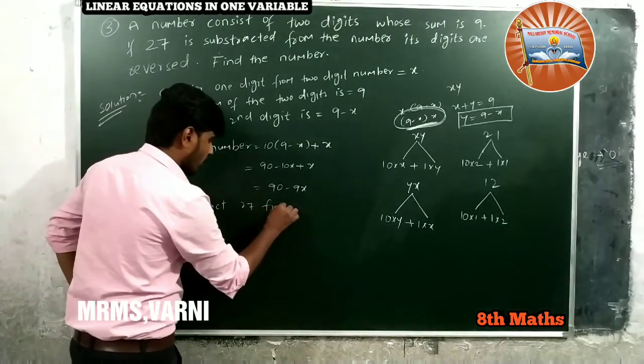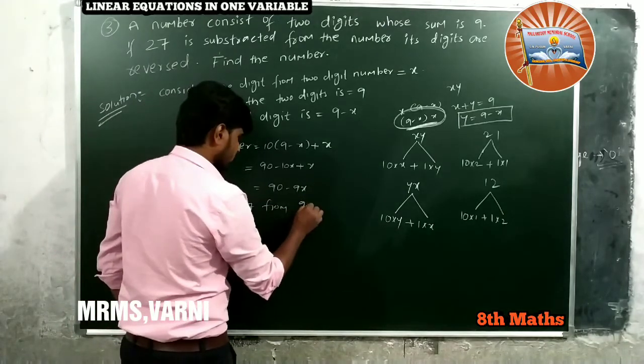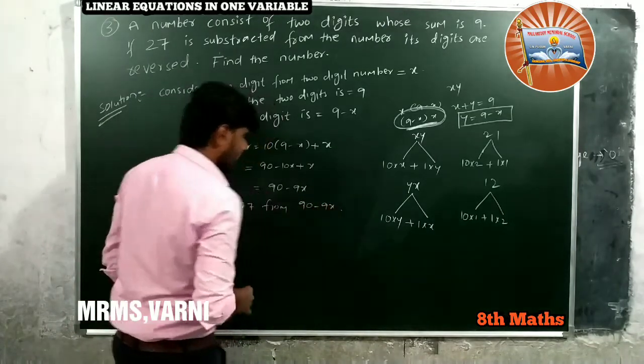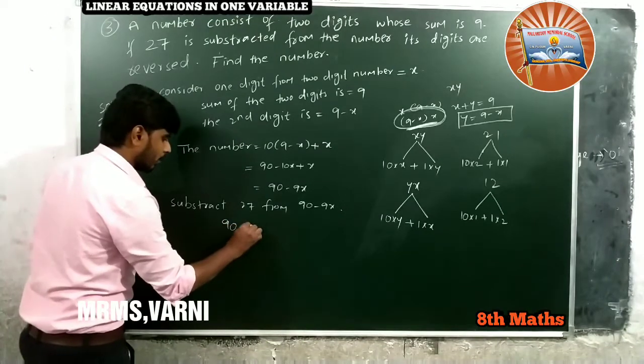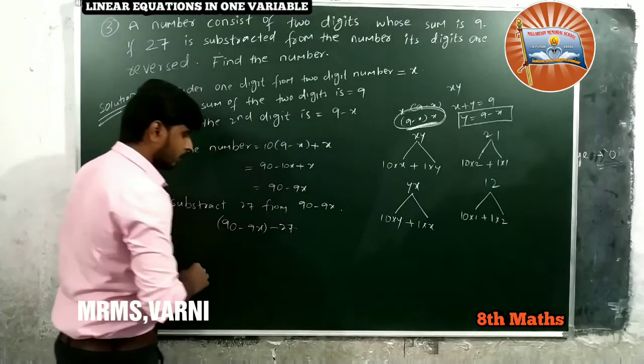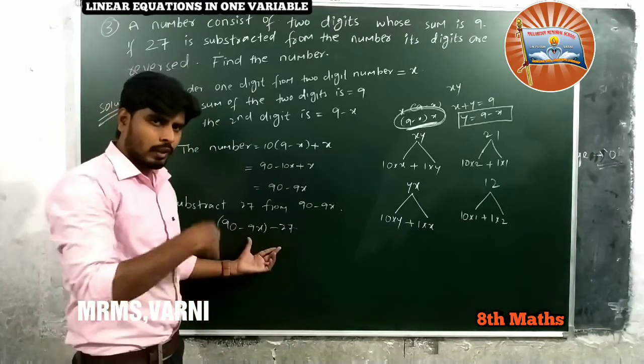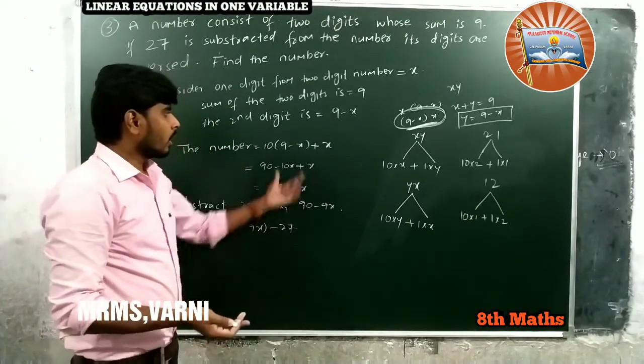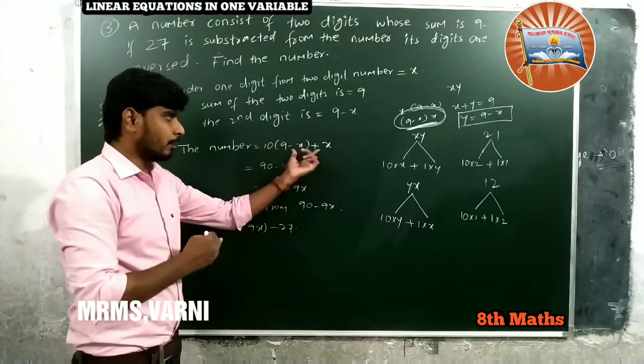So subtract 27 from 90 minus 9x. What becomes 90 minus 9x minus 27? This value is equal to the reverse of this number.